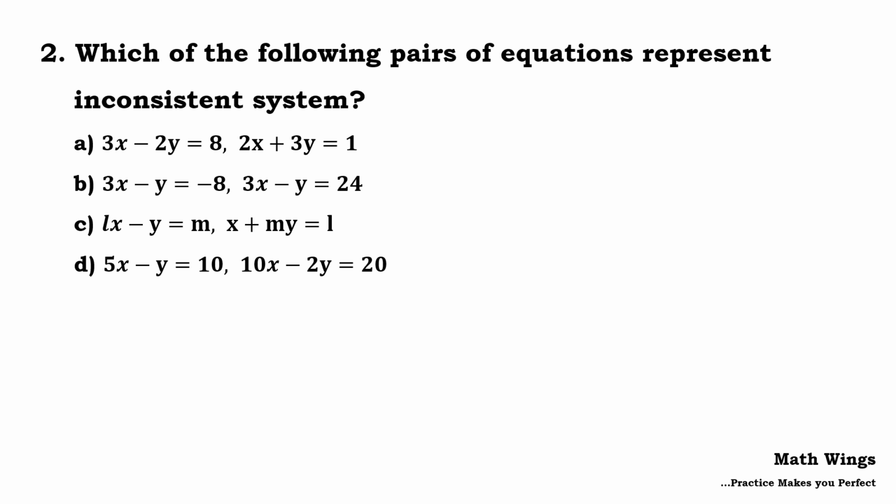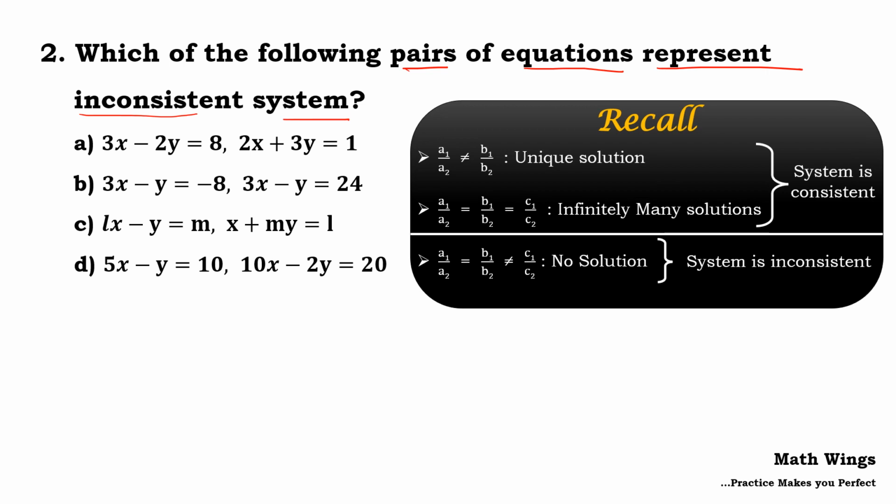Which of the following pairs of equations represent an inconsistent system? We already learned about consistent and inconsistent systems. So what is the condition for an inconsistent system? The condition is that the two equations should not have any solution.